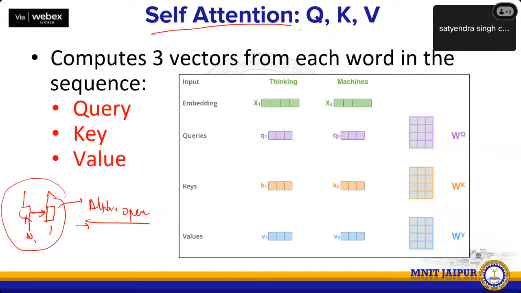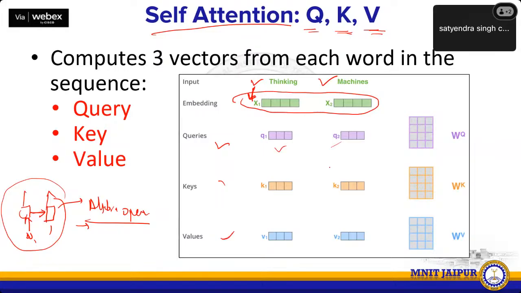There are three vectors: Q, K, V, which represent query, key, and value. For each input token, we come up with an embedding, and from each embedding we calculate the query, key, and value.